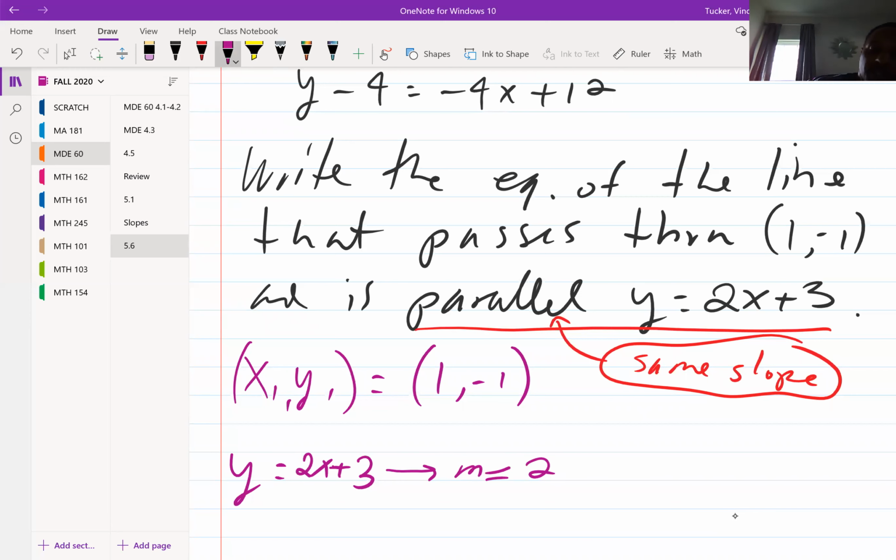So the slope of this line is 2, because remember, whatever's sitting in front of x is your slope whenever it's in that y equals mx plus b form. That's your slope-intercept form. Whenever your equation is solved for y, whatever's attached to your x is your slope.